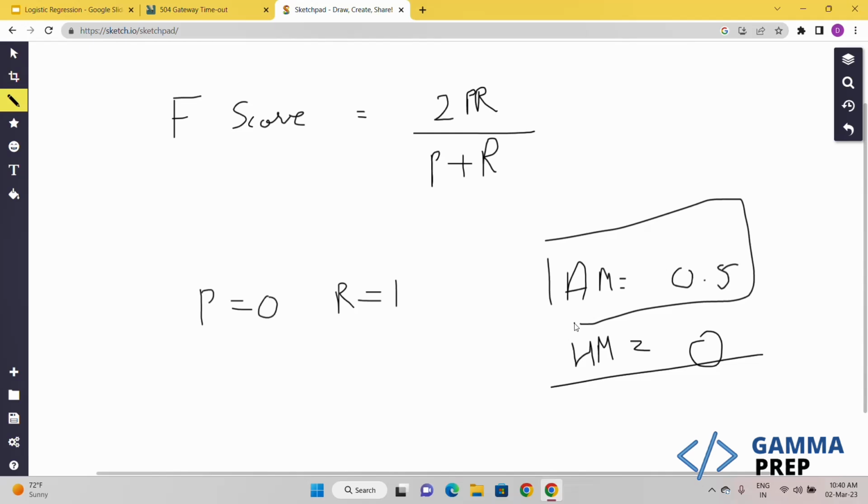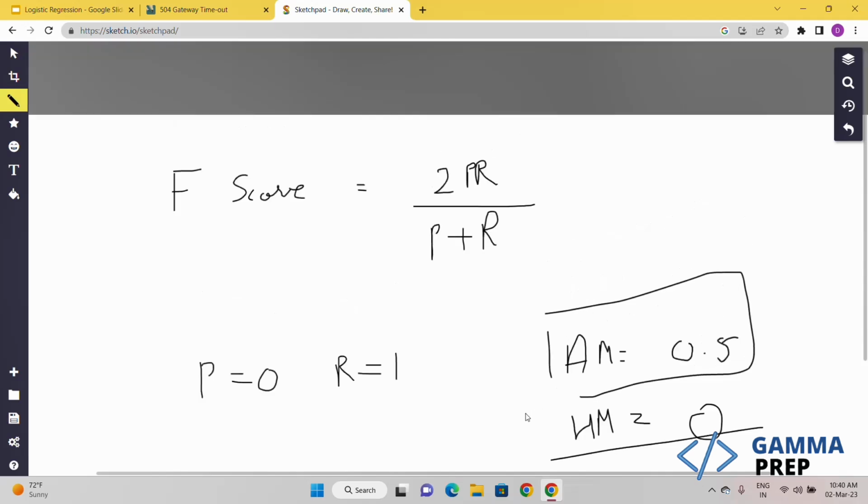That's why we take the harmonic mean and not the arithmetic mean: even if one of them is low, the harmonic mean punishes it and the value will be less, whereas the arithmetic mean would give us a decent value there. So that was about F score.